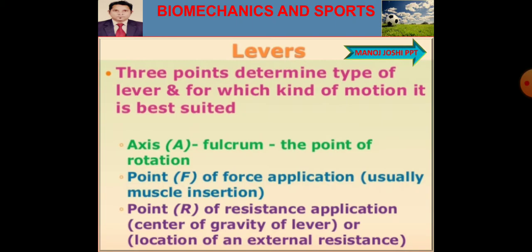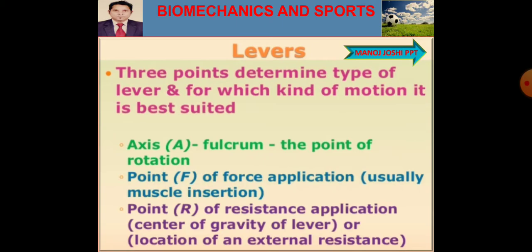Axis A, the fulcrum, is the point of rotation. Point F is the force application, usually muscle insertion, because muscle applies the force. Point R is the resistance application, the center of gravity of the lever or the location of an external resistance. So there are 3 points: fulcrum, force and resistance. This we have discussed.